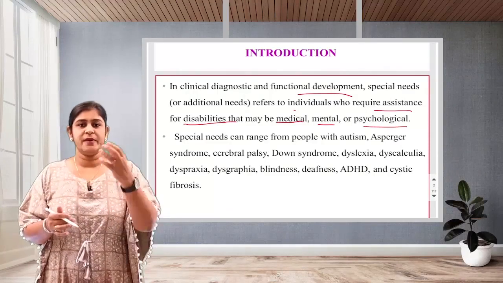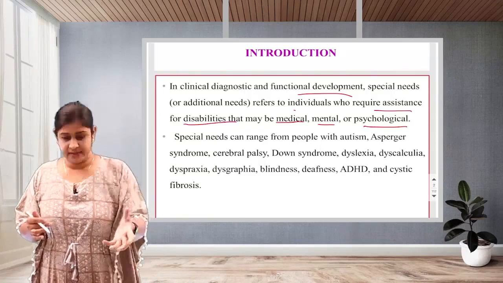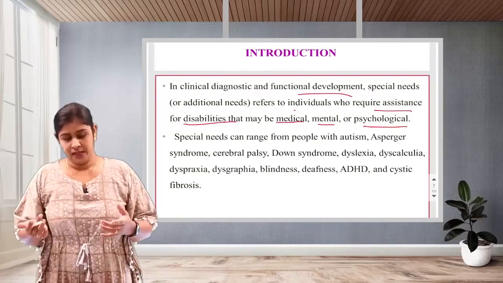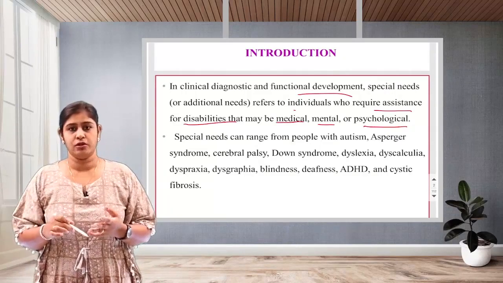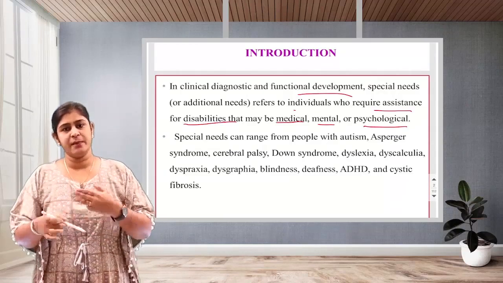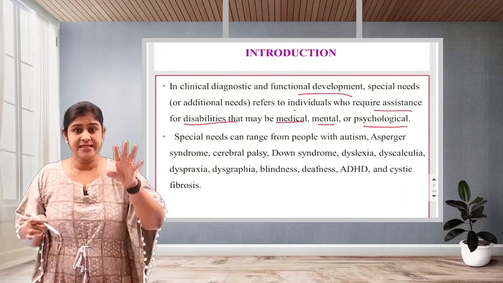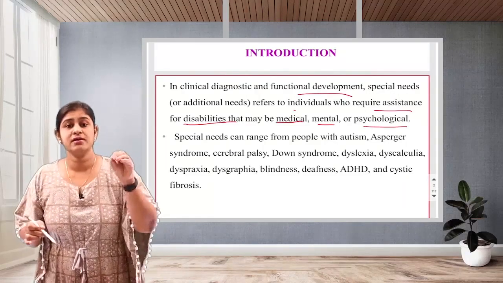If any of these conditions persists, assistance is required, and those persons are the persons with special needs.